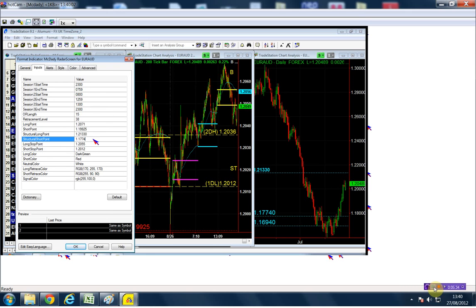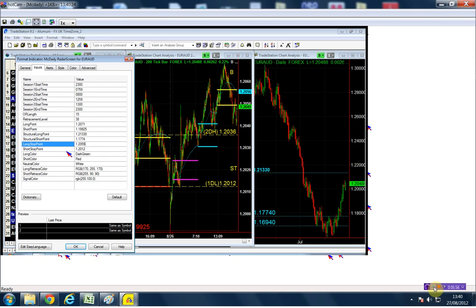So for the Euro Aussie, I'm buying above the 120.71. I have a structure long point at 121.53, and remember, these are magnets. They will pull the prices up there. And my stop is going to be the 120.55.